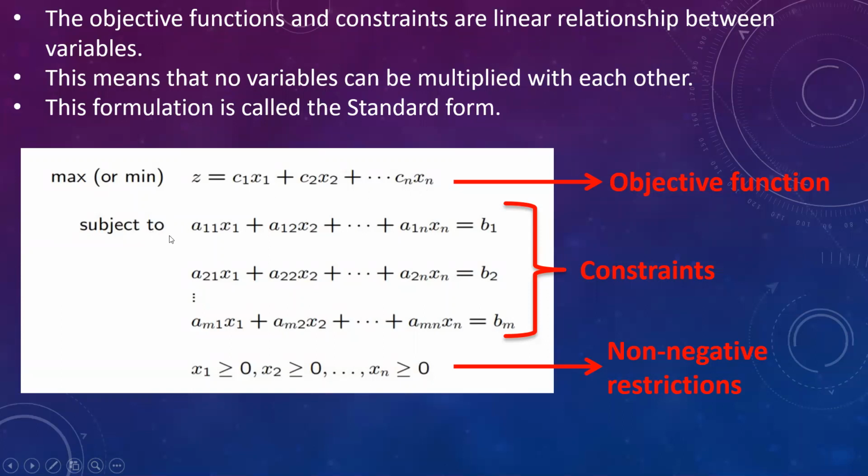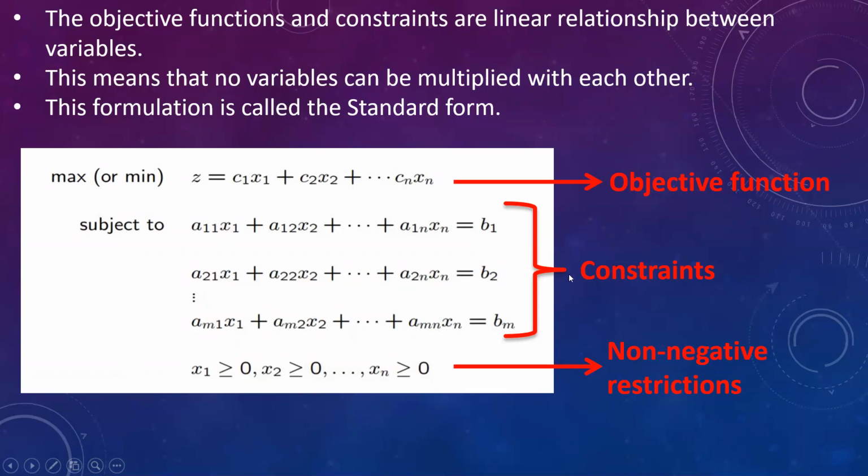Then subject to constraints, which are the situational restrictions: a11 x1 plus a12 x2 up to a1n xn is less than or equal to b1. Likewise, up to am1 x1 plus am2 x2 up to amn xn is less than or equal to bm. These all are the constraints.